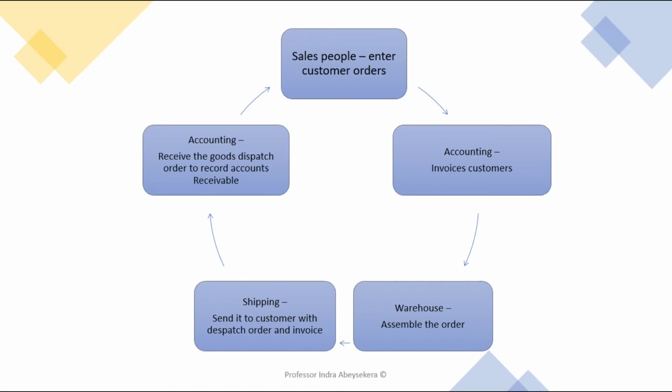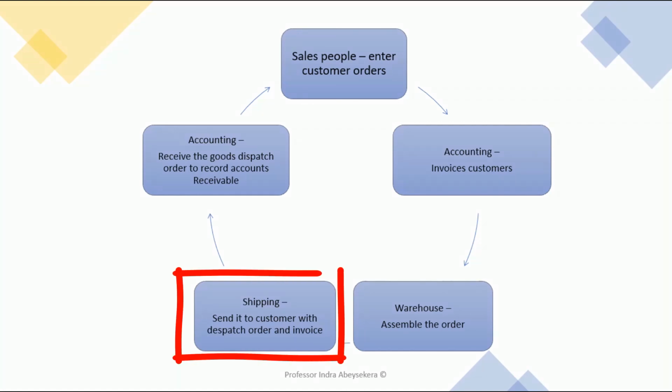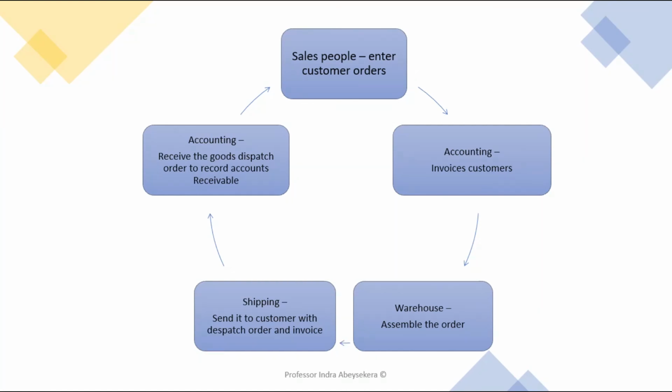The warehouse will assemble the order. Then the assembled order will go to shipping. The shipping department will send it to the customer with a dispatch order and an invoice, and the accounting department will now get the dispatch order as delivered, and will record an accounts receivable.